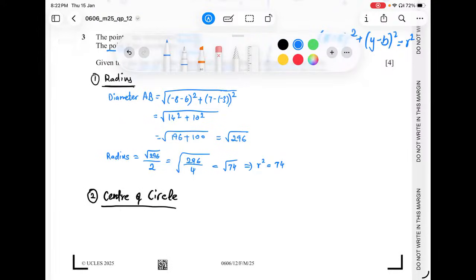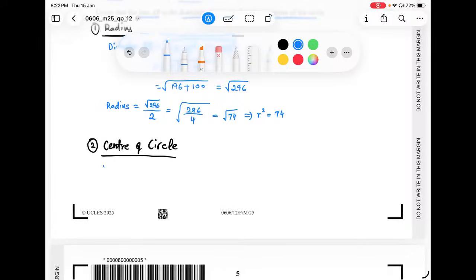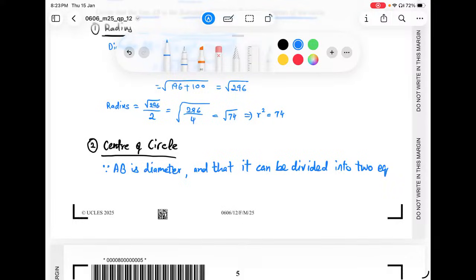So what's our idea over here? Since AB is a diameter, and a property of a diameter is that it can be divided into two equal radii, the midpoint of AB is the center of the circle.